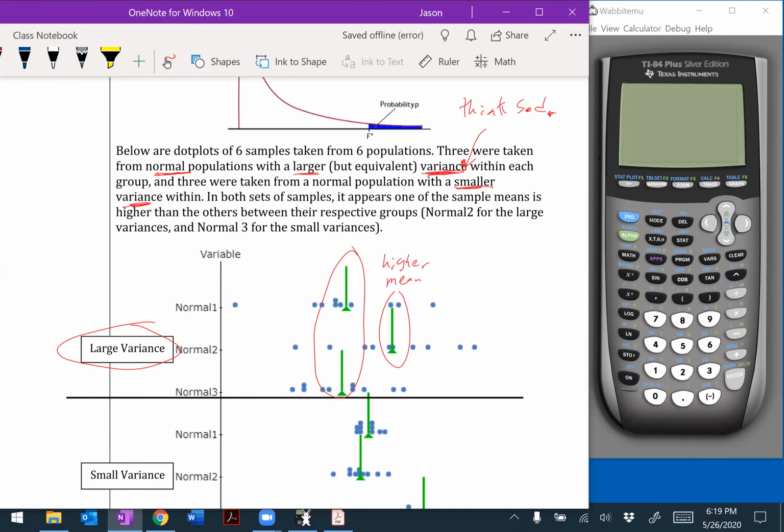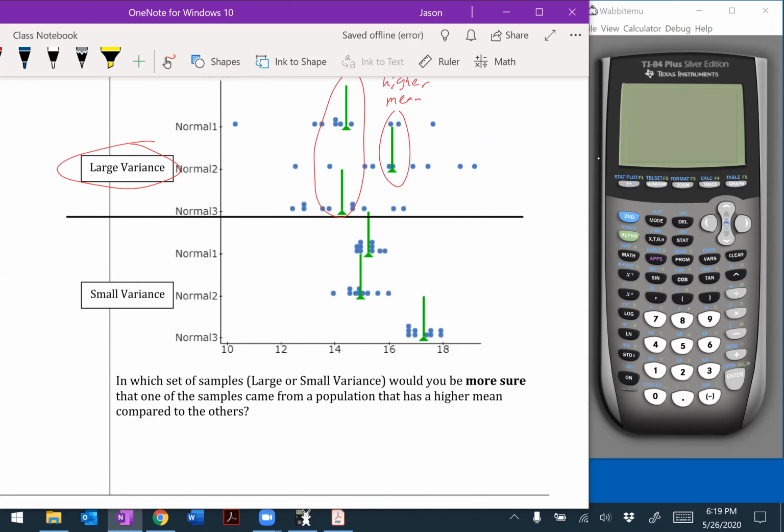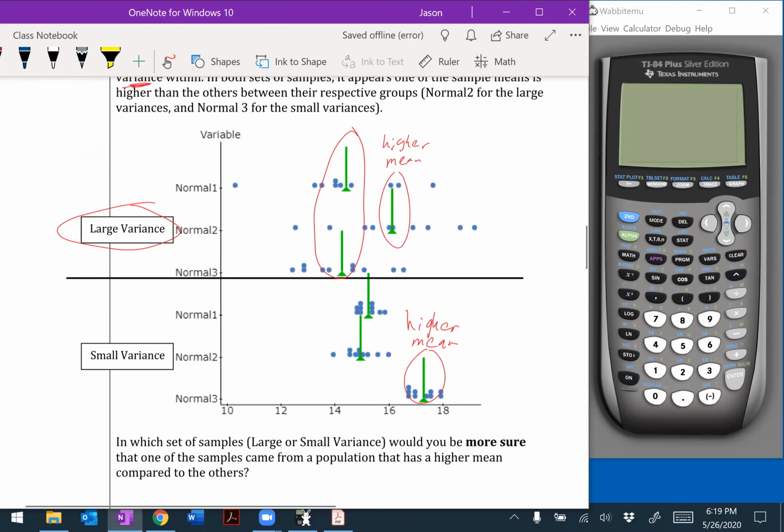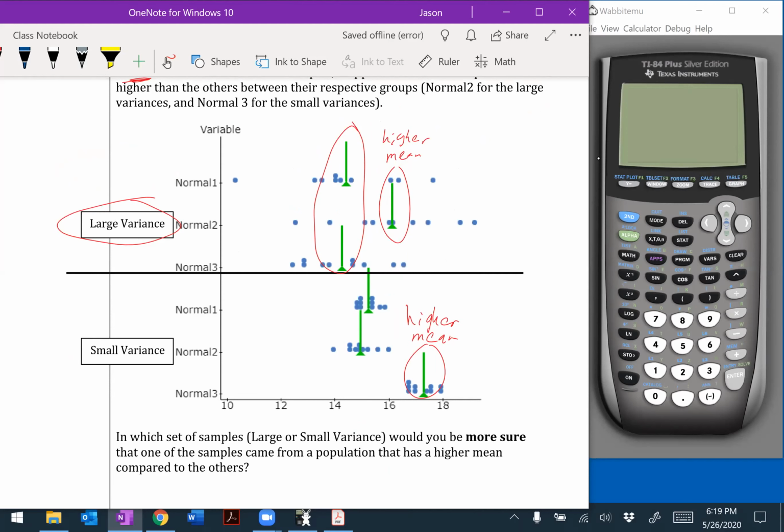And over here, this third one has a higher average, right? Notice that in the large variance groups, the dots are way spread out in each of these. Whereas in the small variances or the small standard deviations, they're really close together.